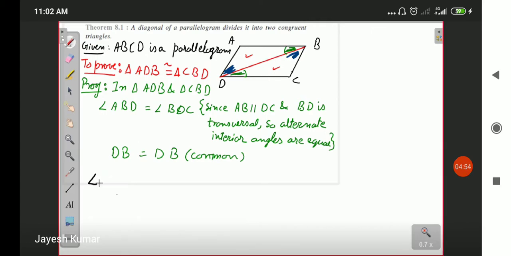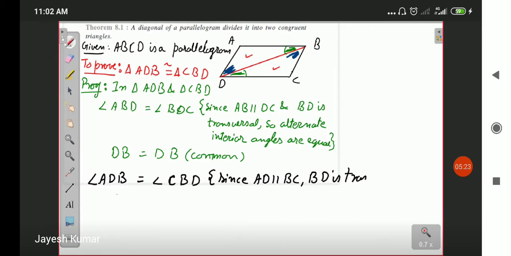So angle ADB and angle CBD will be equal, for the same reason: since AD is parallel to BC and BD is the transversal, alternate interior angles are equal.